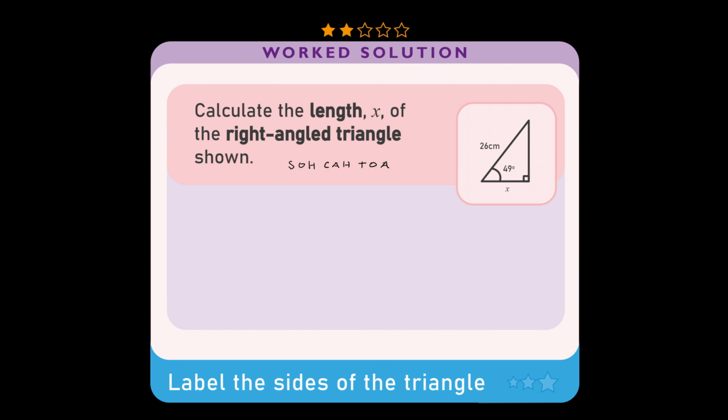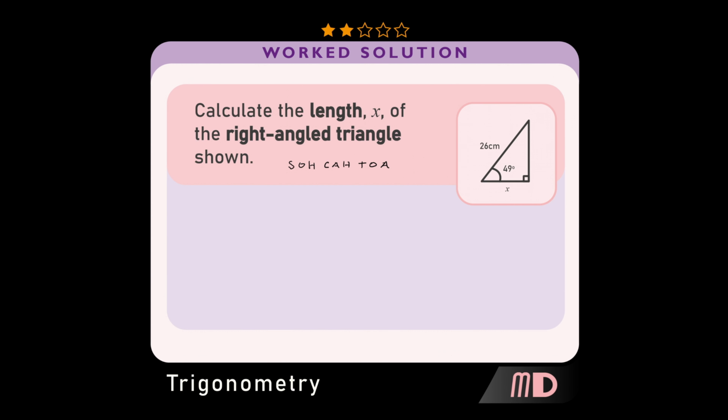The longest side, opposite the right angle, is the hypotenuse. The side opposite the 49-degree angle is the opposite side. Leaving the side labeled x as the adjacent side.